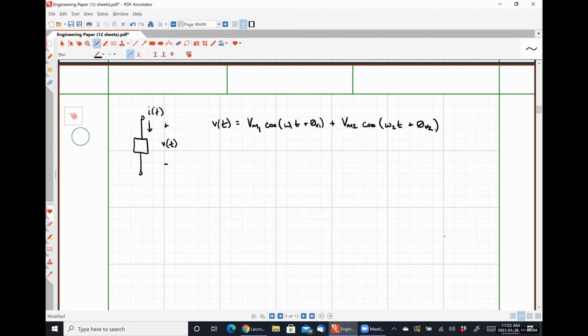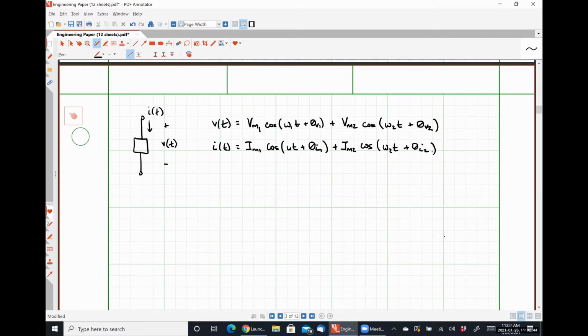And we are also going to have a multi-frequency current: Im1 cosine omega 1t plus theta I1, plus Im2 cosine omega 2t plus theta I2.